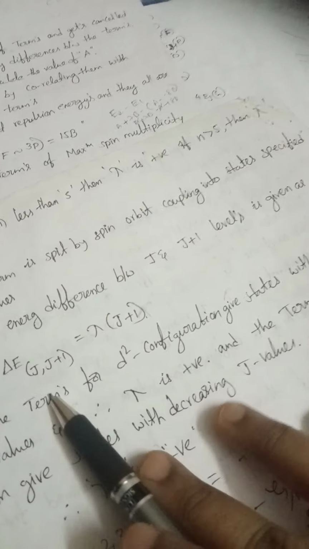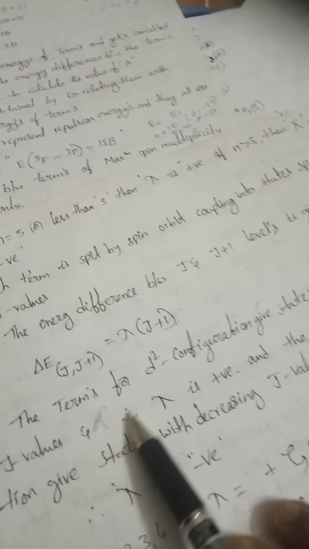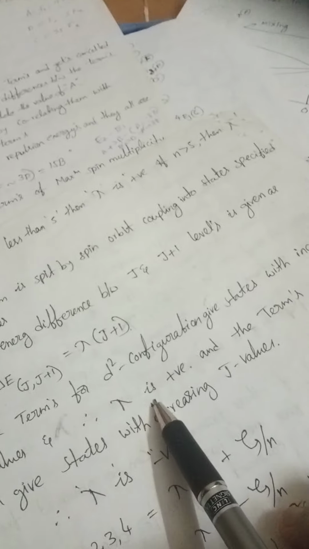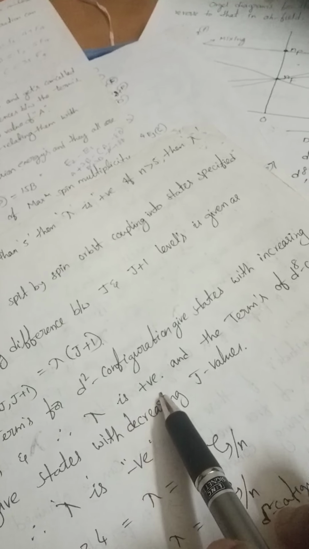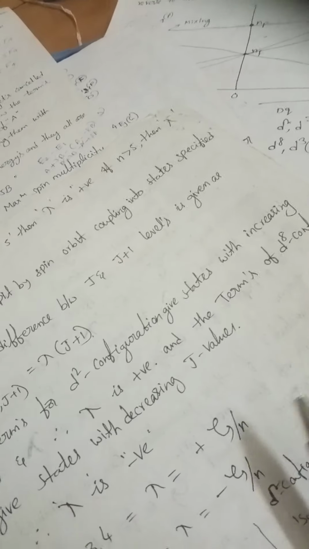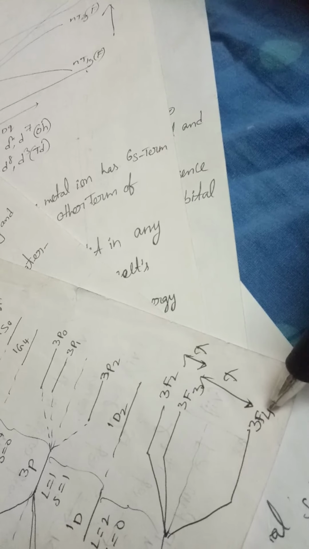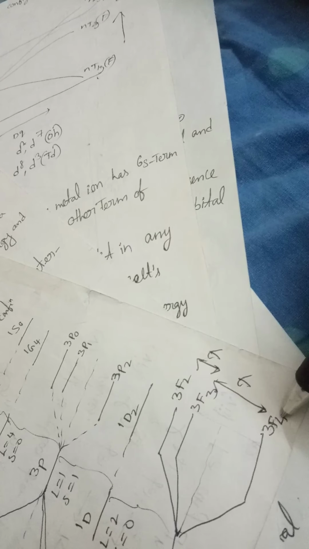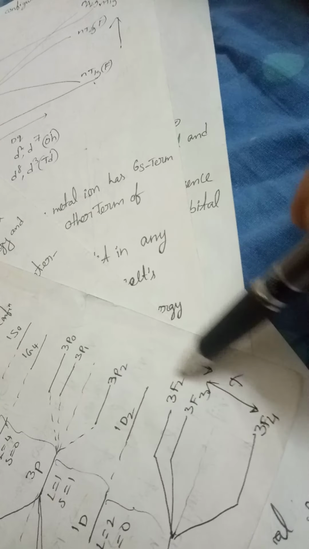So here J comma J plus 1 terms, the terms of the d2 configuration give states with increasing J value, where lambda is positive, and the terms of the d8 configuration give states with decreasing J values. Already told, it is more than half filled, so the highest J value is the ground state. Next, here J minus 1, so it is a decrease in the J value.